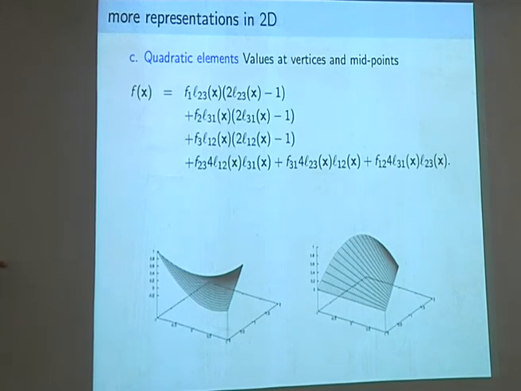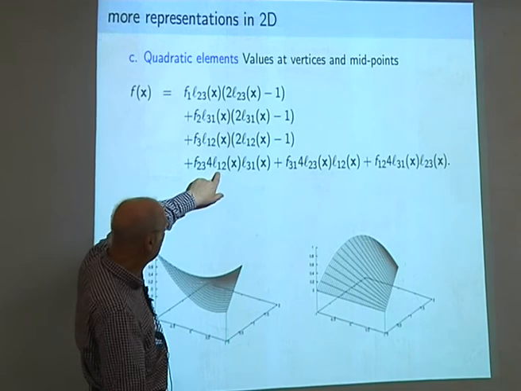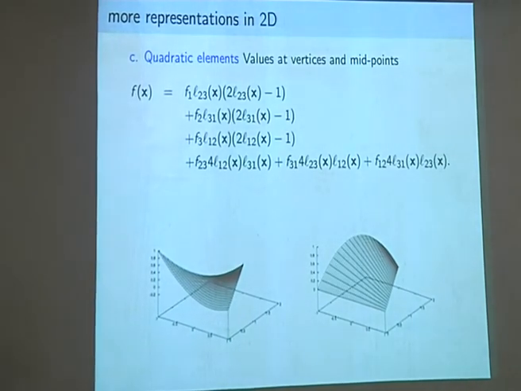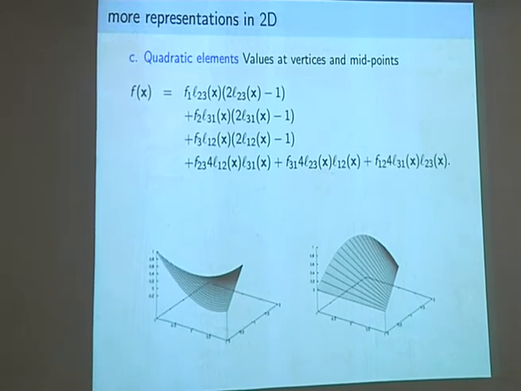And then the bottom line, which is a product of l_{1,2} and l_{3,1}, has to vanish at x equals 1, 2, and 3, 1, so it vanishes at all 3 vertices. However, at the middle points, it is not 0.